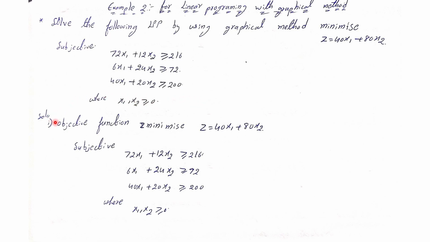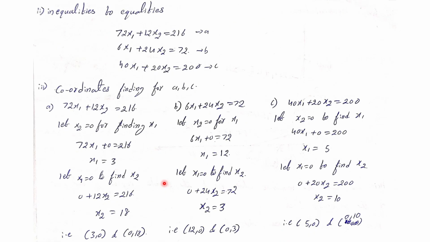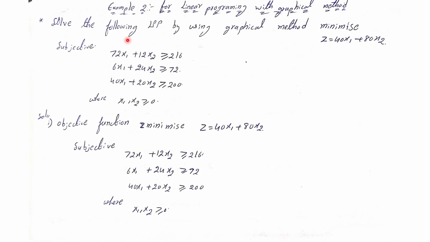Solution. Initially, we have to declare the objective function and the constraints given in the problem. This is the objective function, and these are the constraints. First, we have to convert the inequalities into equalities. That means the inequalities with greater than or equal to, we have to modify into equalities.